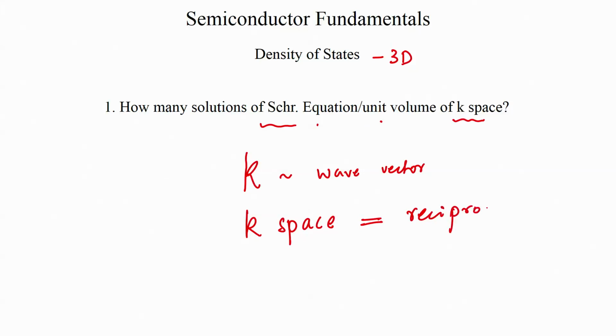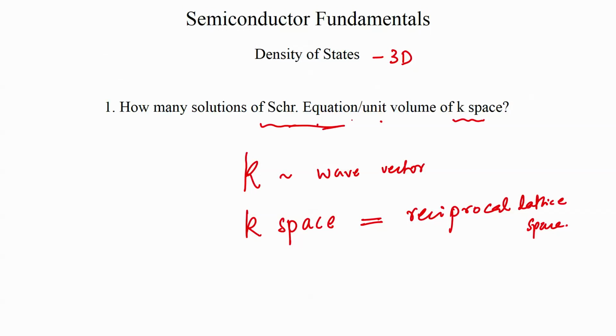We are not going to look at the actual material in its spatial coordinates. Instead, we are looking at the reciprocal lattice space, the spatial frequency space, if you like. We ask how many solutions of Schrodinger's equation there are per unit volume of K space.